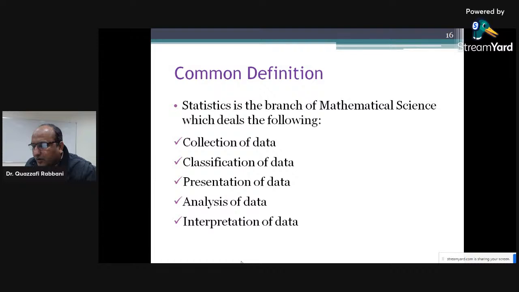So as a whole, these activities are associated with statistics. Simply, we can define statistics as dealing with the collection, classification, presentation, analysis, and interpretation of data. This is the most commonly used definition in statistics.